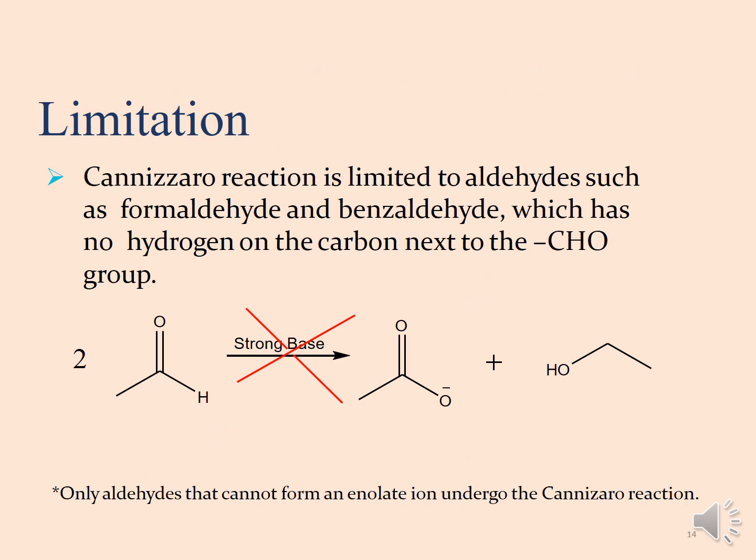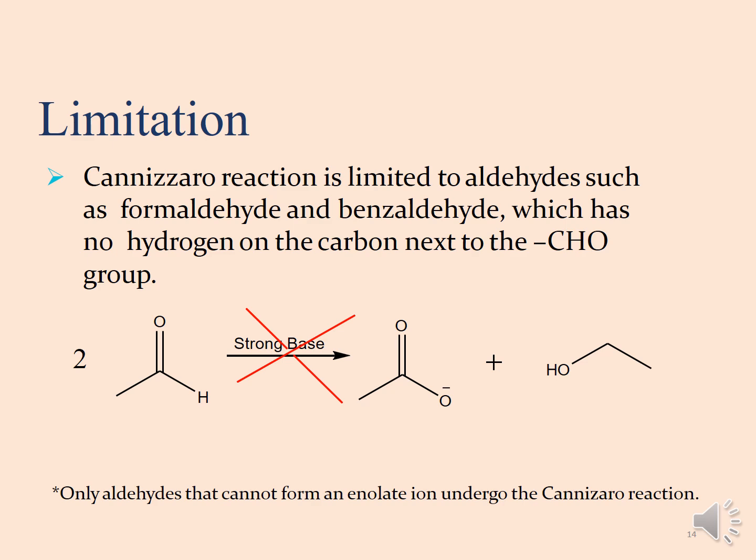Now coming to the limitations of the Cannizzaro reaction. As we have said earlier, for the Cannizzaro reaction there should be no alpha hydrogen atoms. An alpha hydrogen atom is the atom which is directly attached to the alpha carbon atom. So for the Cannizzaro reaction to proceed, there should be no alpha hydrogen atom.